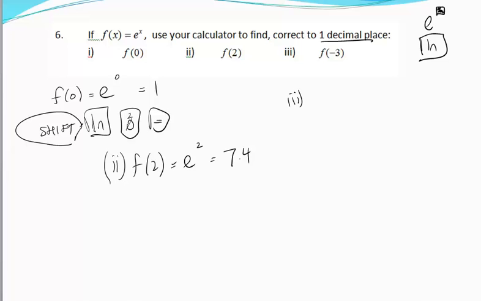For 3, function of minus 3 here, e to the power of negative 3 here into our calculator, and we're going to get 0.04978 and so on. But here we're cutting to 1 decimal place. And we have 0 and then 4. It doesn't matter that it's a 9 afterwards. We're just going to round that to 0.0.